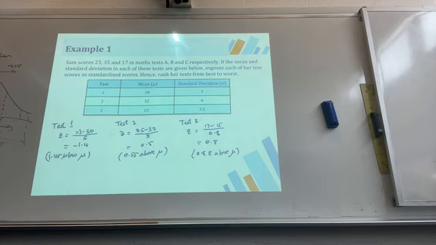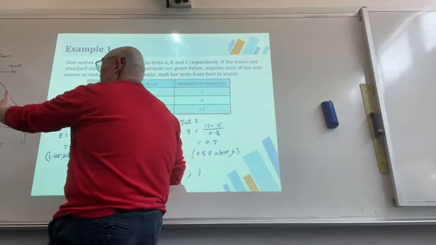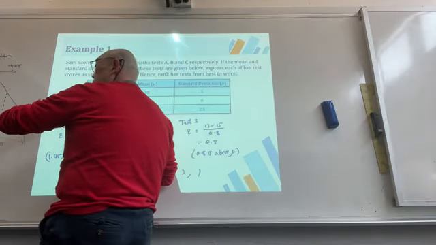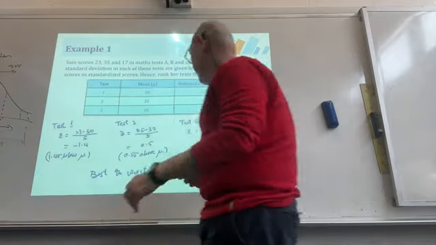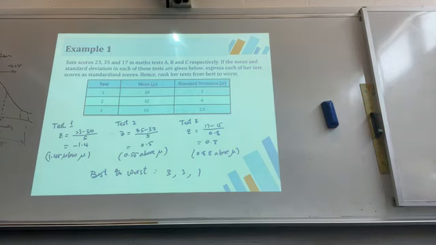So if you want to rank the scores from the best to the worst, it will have to be 3, 2, and 1. The further away from the mean in the positive direction, the better the score is. Alright? So it's 3, 2, 1.